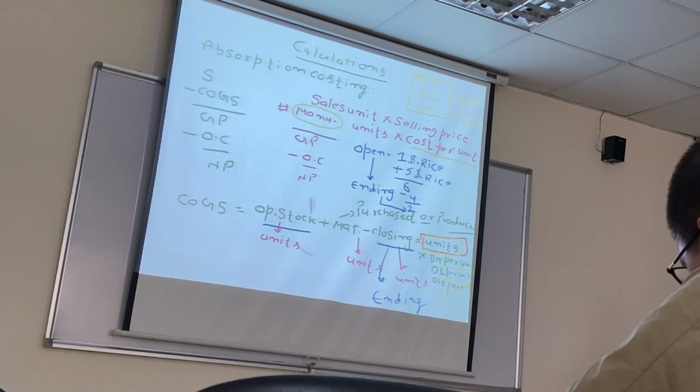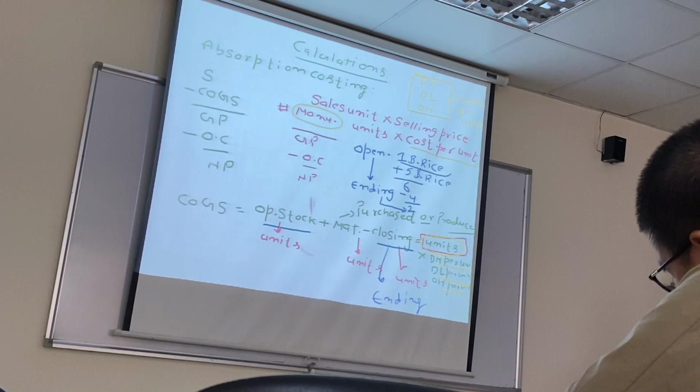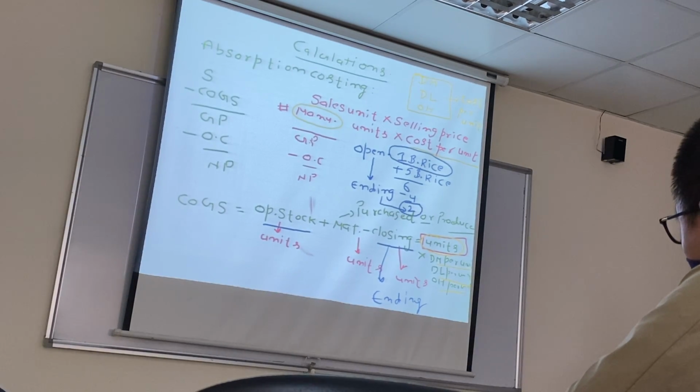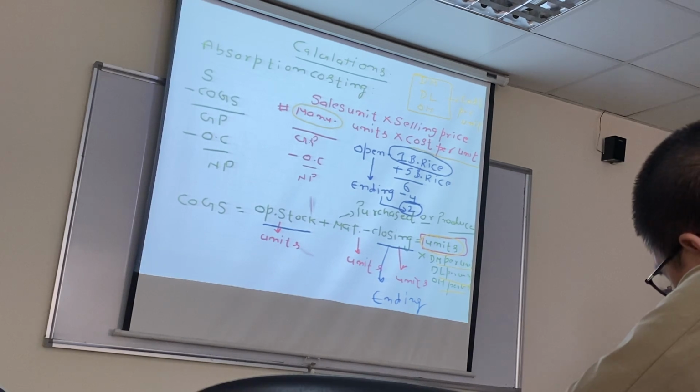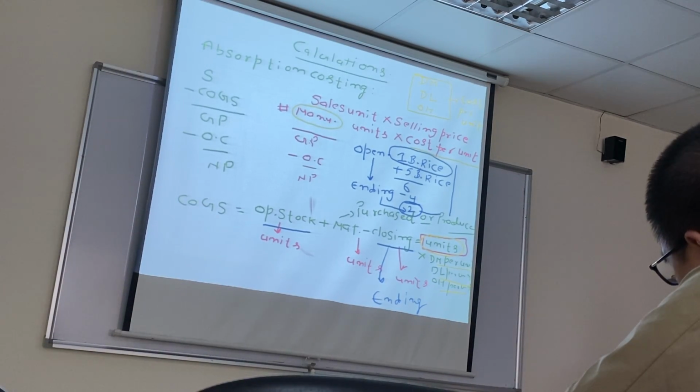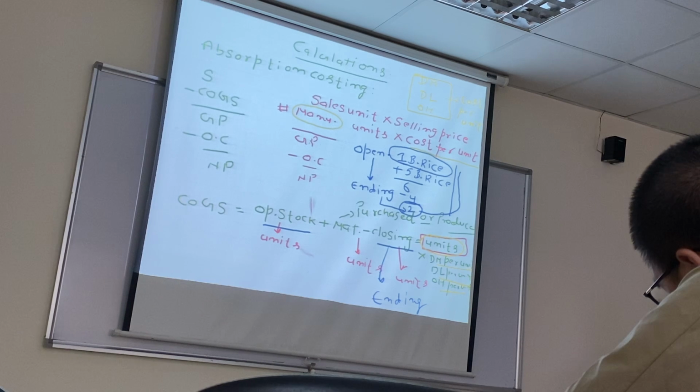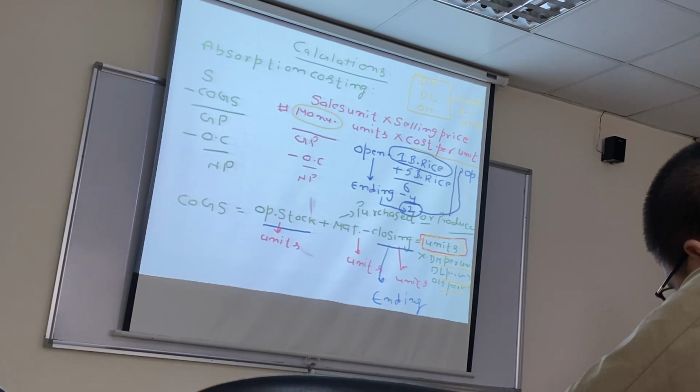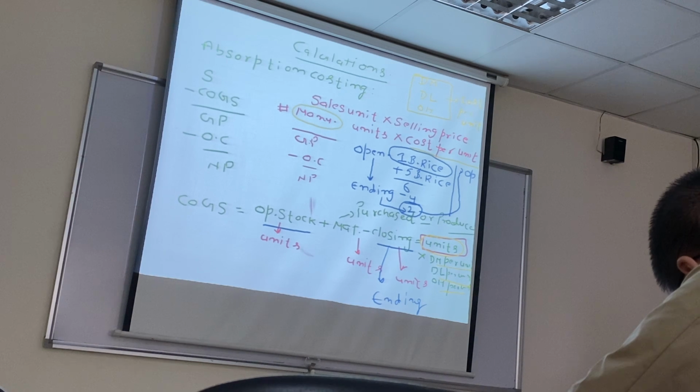That's the meaning of opening, what we have when we start production, and closing, what we have left, which is not used. And what we will do with these 2, next day, these 2 will become opening. Whatever rice is left at night, next day in the morning, if it's not off, then we eat it.